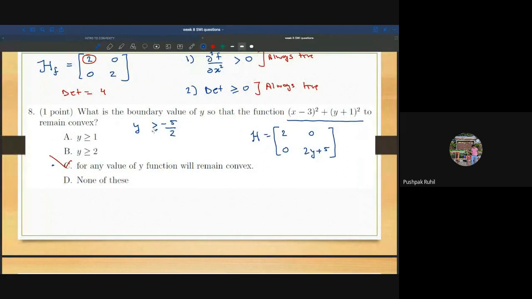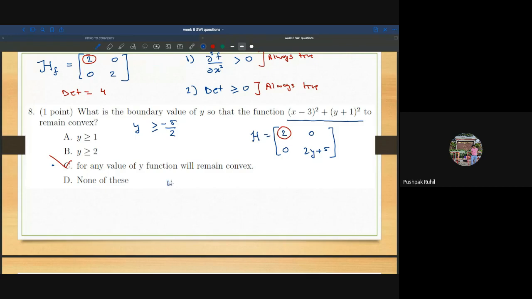Yes, Prashant. So the first thing is this element needs to be more than 0, which is true. You will find the y value using the second condition, which is determinant more than or equal to 0.